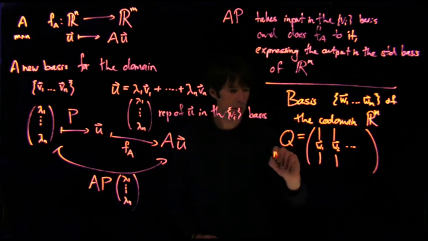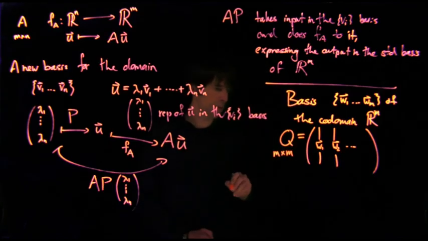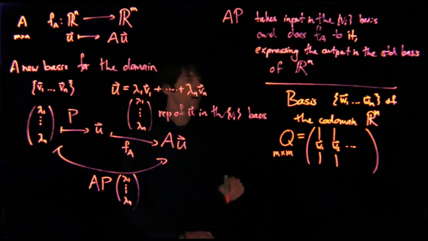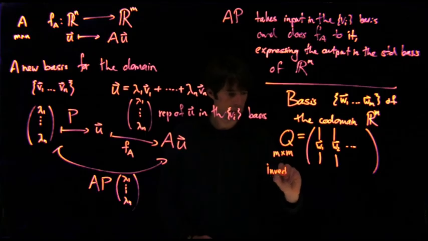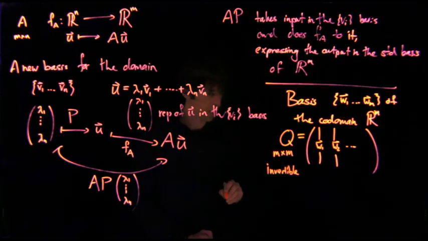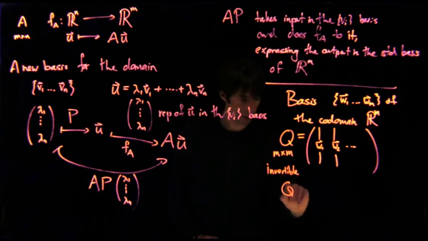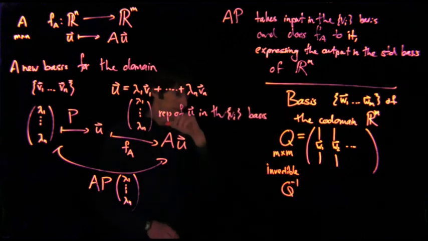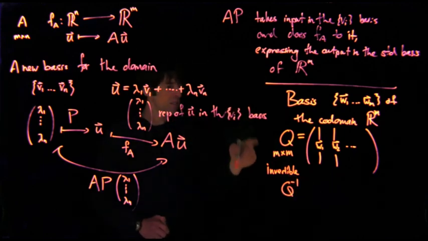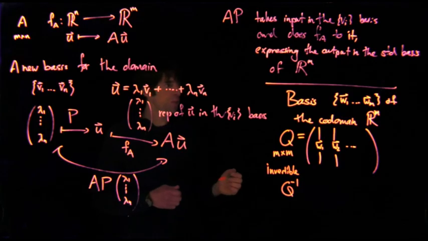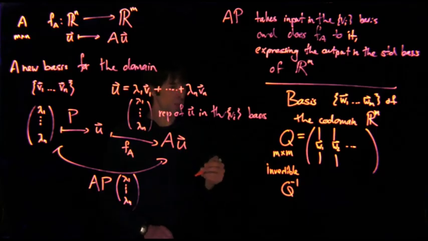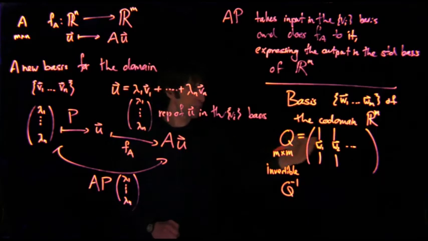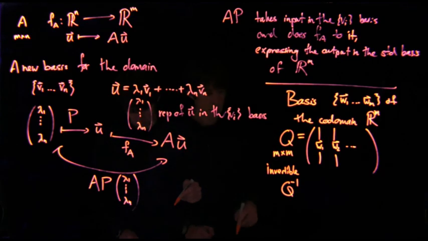So this is now an m by m square matrix. And because this is a basis, this is invertible. And so we can write down its inverse. And so we can use these matrices to change between the standard basis representations of things in the output space and the W basis representations.